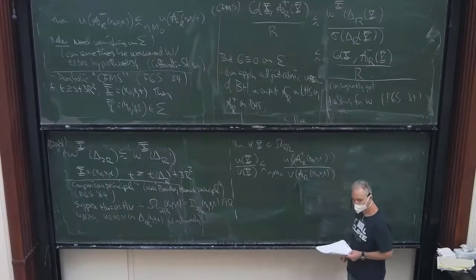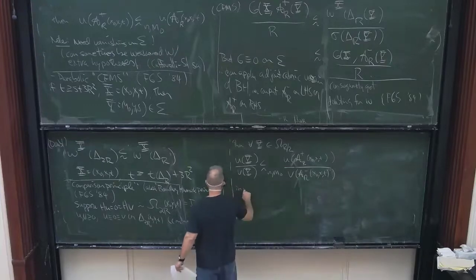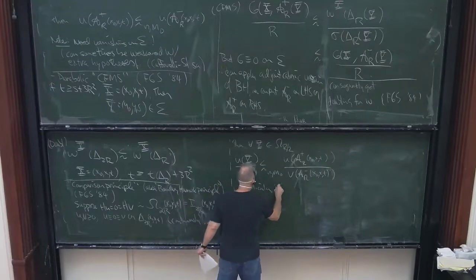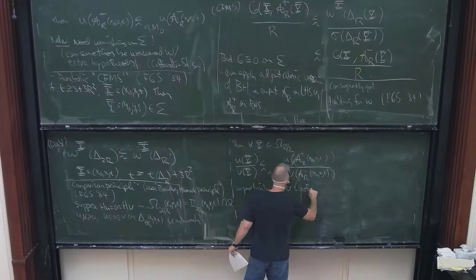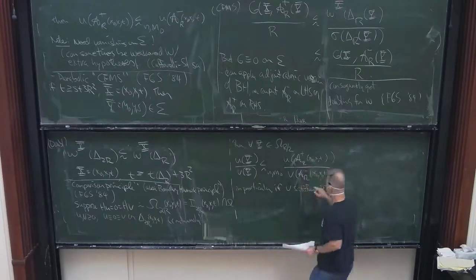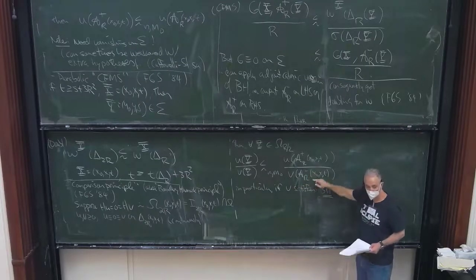Okay? But notice that in particular, if v satisfies backward Harnack, then we could put a plus here in the denominator, because they're comparable.